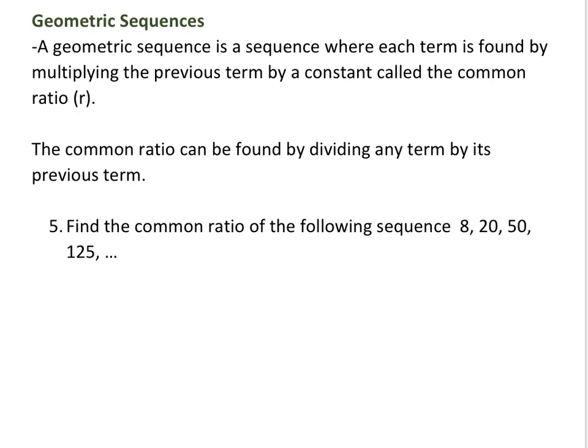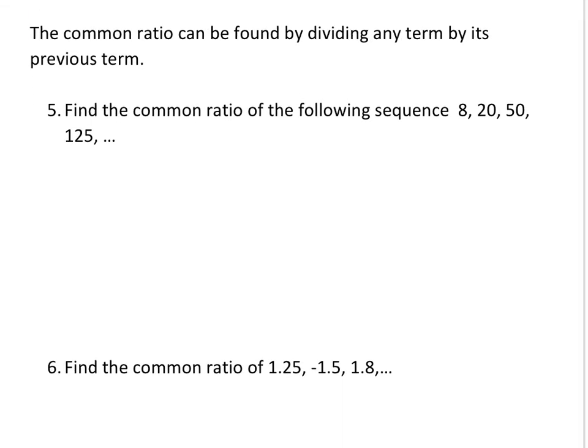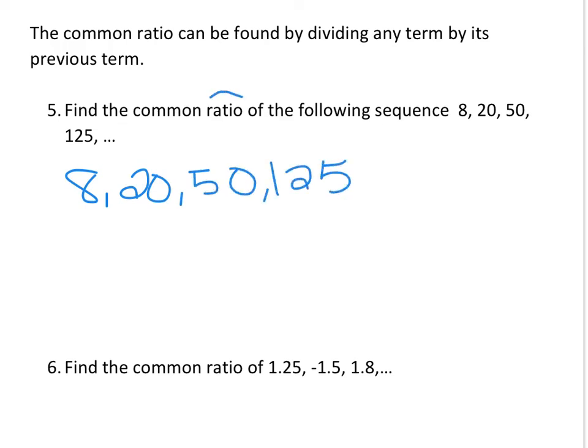So let's look at an example. It says find the common ratio of the following sequence: 8, 20, 50, 125. So it says ratio. So what can we multiply 8 by to get to 20?